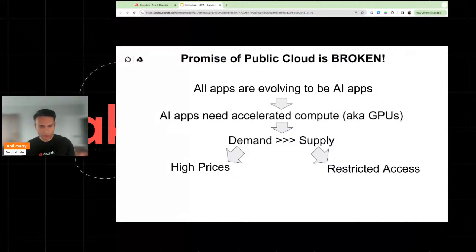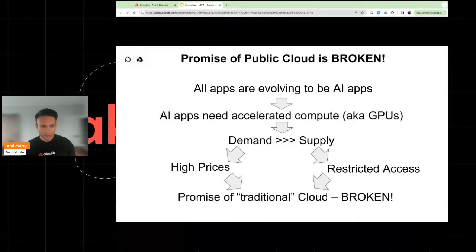But this whole GPU supply demand dynamic has broken that promise, right? And so now, if you're a startup, if you want to get access to the latest and greatest GPUs, you have to pay the cloud companies a year or 2 years or 3 years of money. And that's basically like standing up your own data center in some ways in terms of cost. So that's what I mean by the promise of the quote unquote traditional cloud being broken by the supply and demand dynamic. So the question is, how does Akash essentially address this?